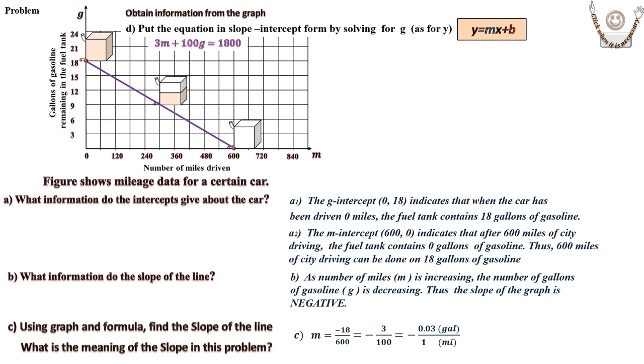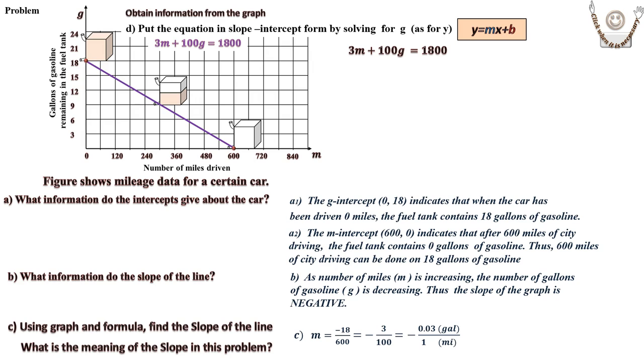Let's put the equation 3 times m and 100g equals 1800 in slope-intercept form by solving for g, because here g is playing the role of y and m is playing the role of x variable.